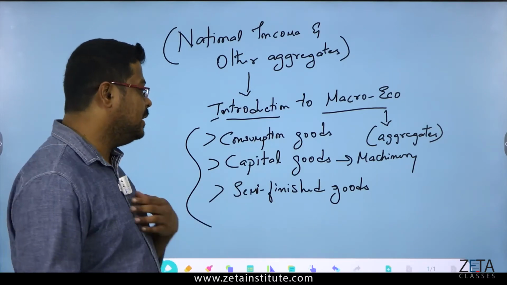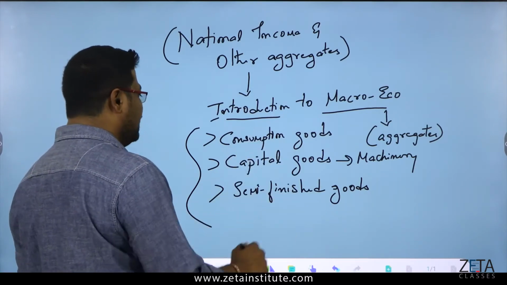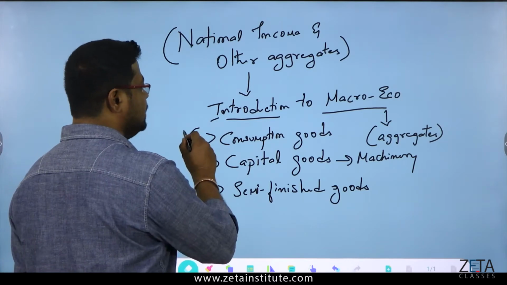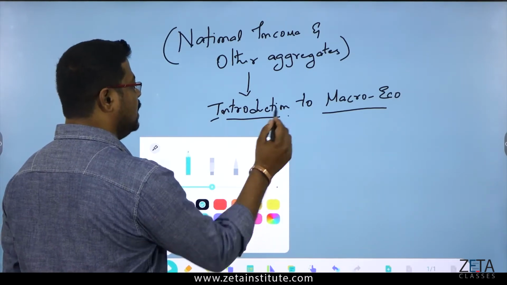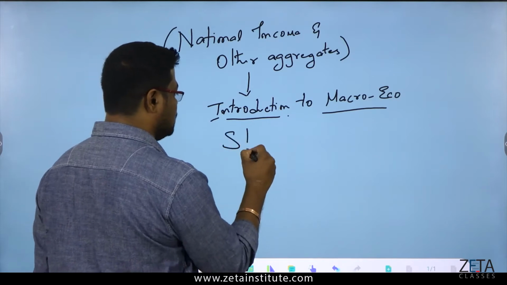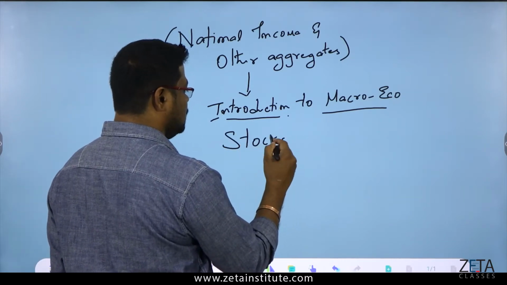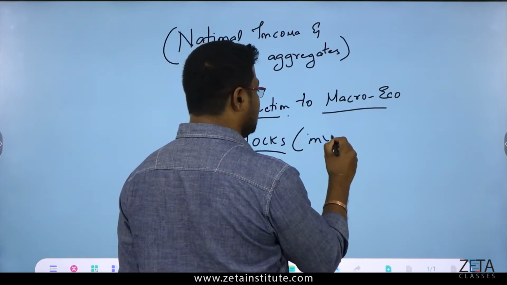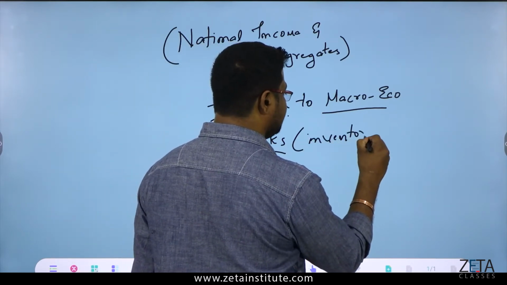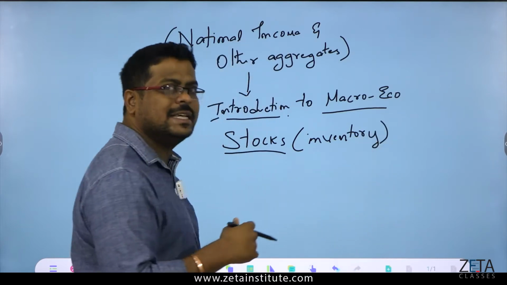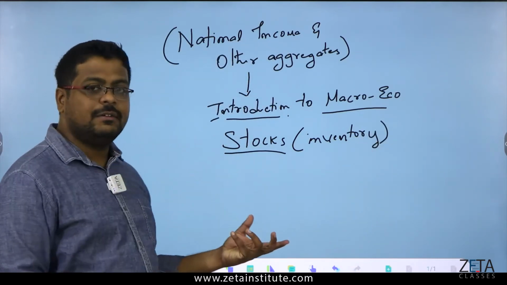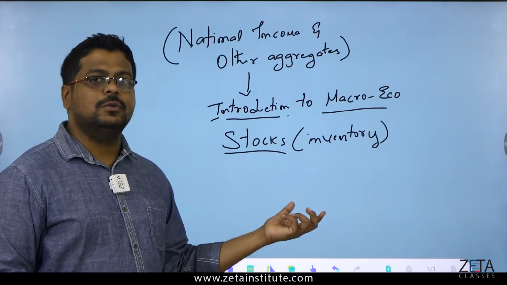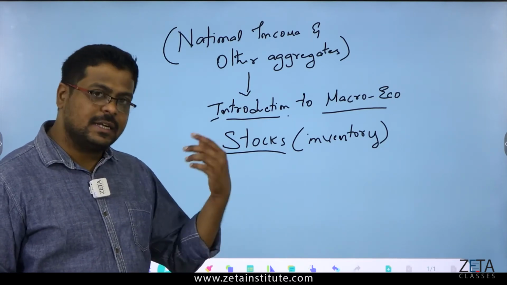Now another thing in this is stocks. Stocks have another name, that is inventory. You know what inventory is? Inventory is whatever goods you have kept inside your company or inside the country as well.